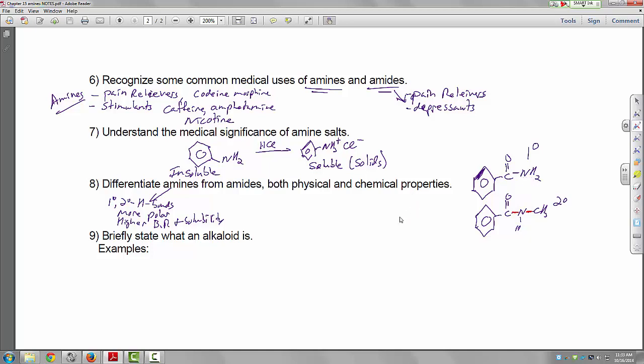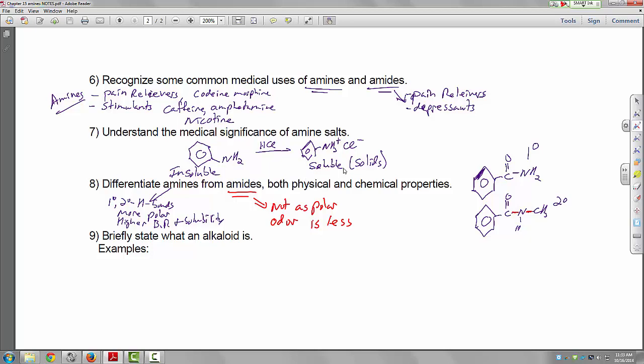So generally speaking, these guys are not as polar, and odor is less than that of amines.